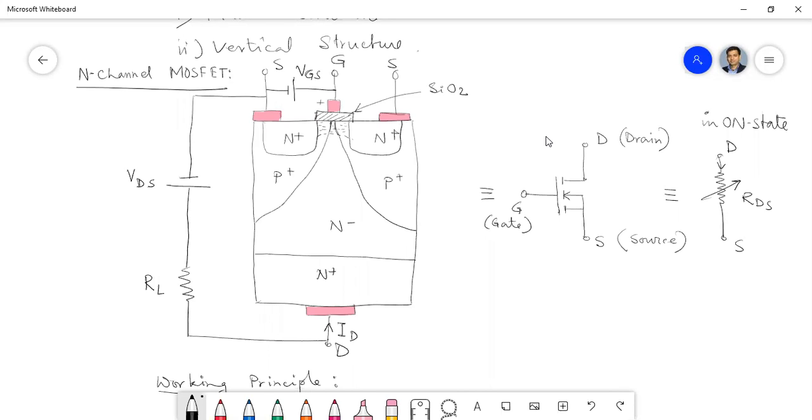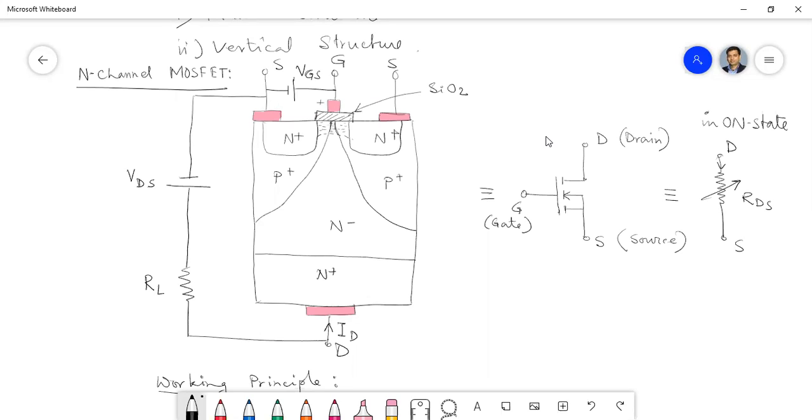And how much it will open depends on how much voltage you have given between source to gate, isn't it? Is it clear? Once there is an electrostatic induction in this p layer, and this portion of the p layer becomes through, then all throughout the current can flow through this n channel only, because n plus, then this layer, then n minus, then n plus.